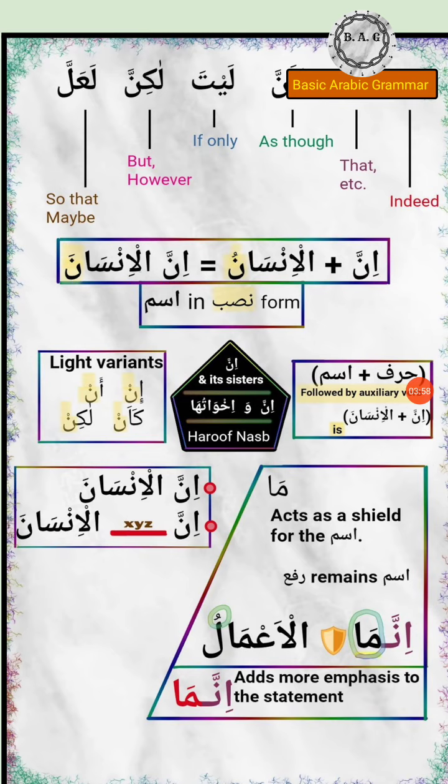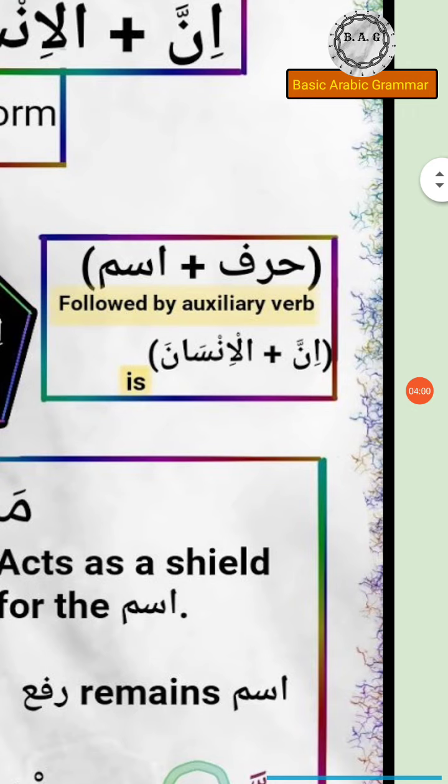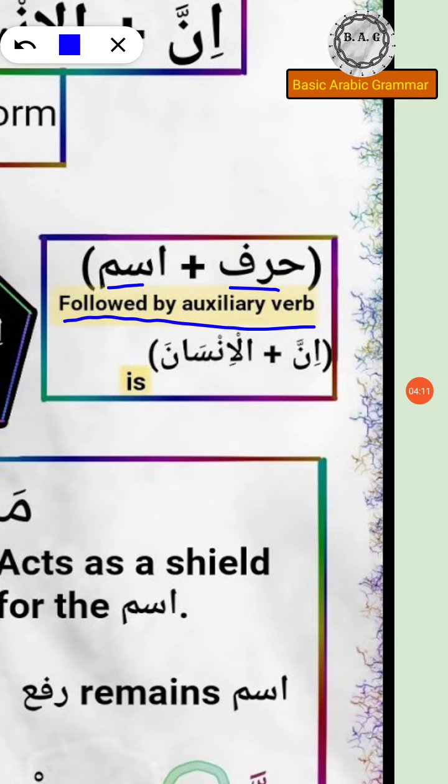Next point. This entire combination, that is the harf and its ism, is followed by an auxiliary verb. What are auxiliary verbs? They are the ones that help make a complete sentence. For example, if I say I driving, that is wrong because it should be I am driving.